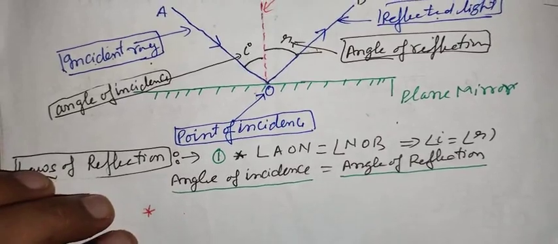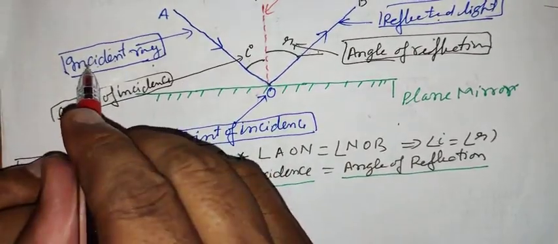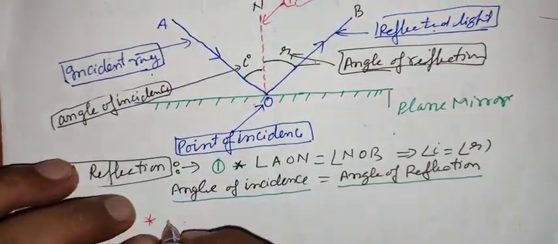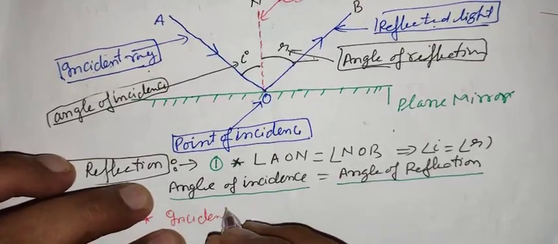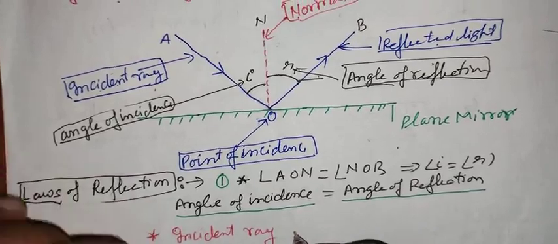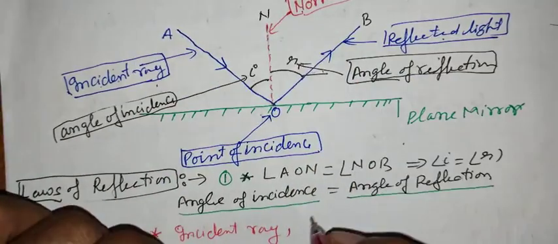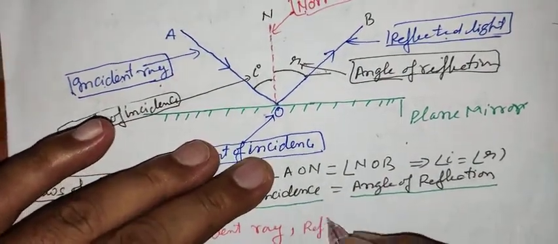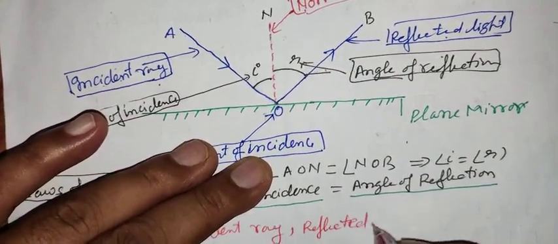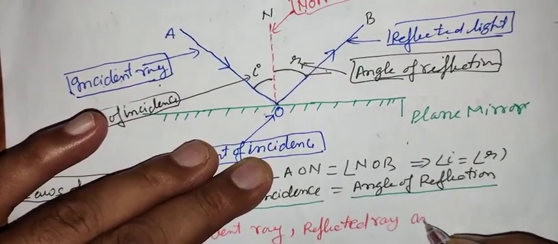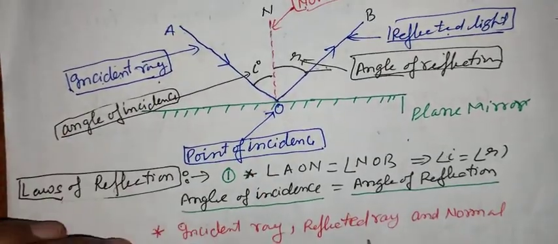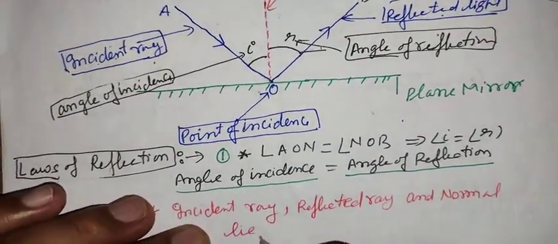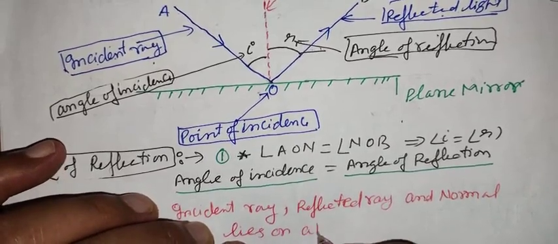Now we are going to see the second law of reflection. We will compare the second law with the diagram. See very carefully. AO, that is the incident ray, OB the reflected ray, and the normal lie on a plane.